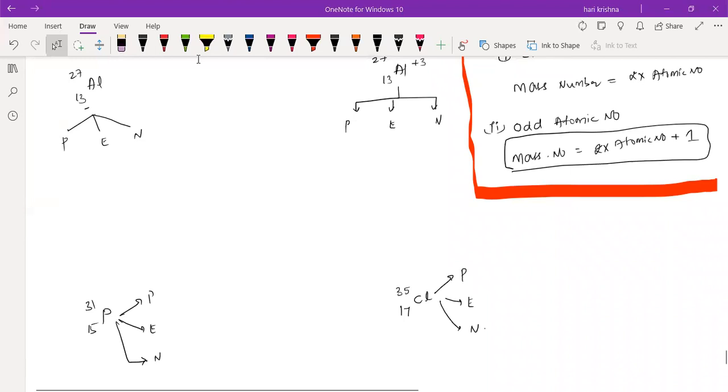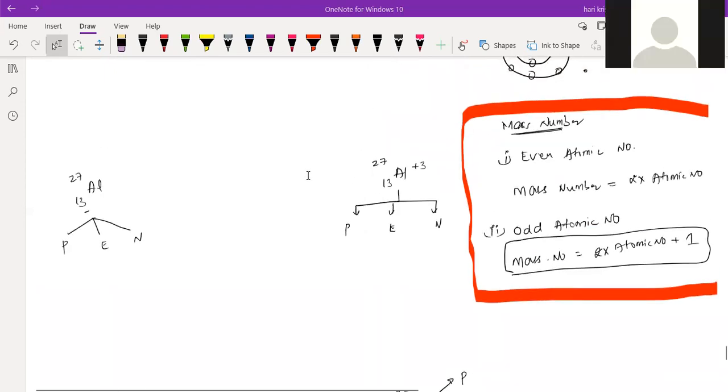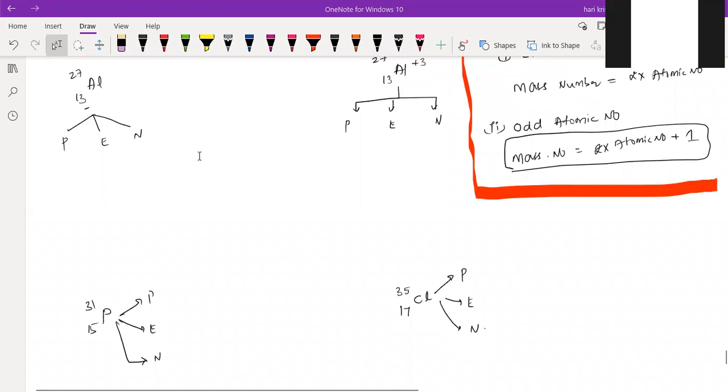I have given a total of 4 elements. Find out the protons, electrons, neutrons, and draw the structure of the atom also for these 4.